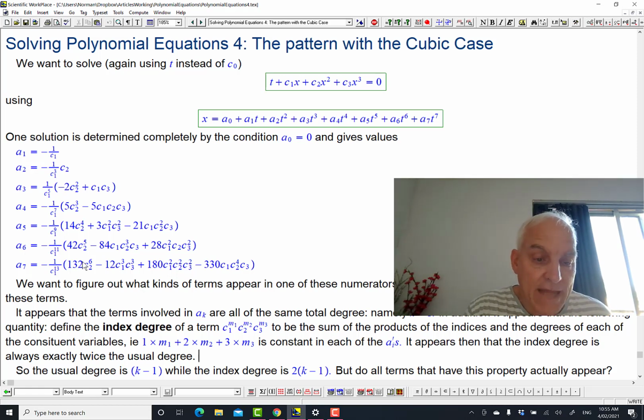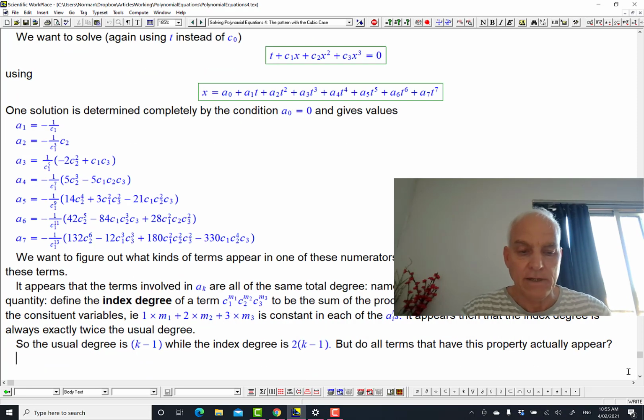Or are these exactly the 4 terms that have the property that their usual degree is 6 and their index degree is 12? Okay, that's something that we would have to check, and I'm going to leave this as a little exercise, so you can question, is this the case?